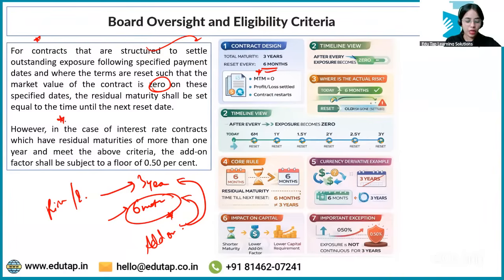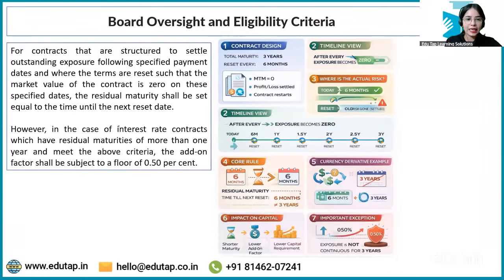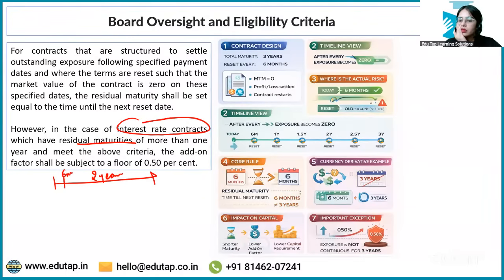However, it has been specifically said that in the case of interest rate contracts which have residual maturity, let's say an interest rate contract is for the 2-year time period. And let's say 6 months have passed. So how many years are left? Sorry, 1.5 years.